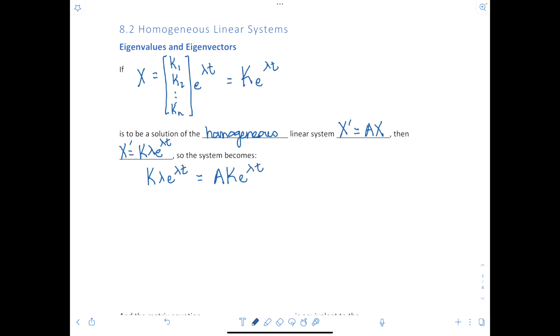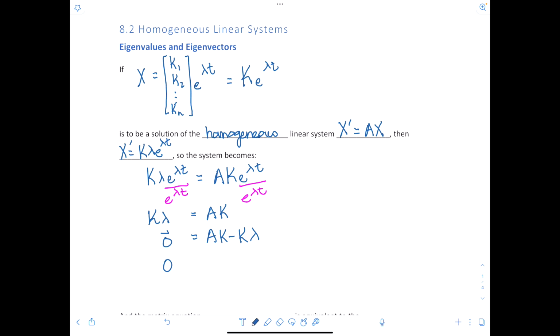Now we can divide out an e to the lambda t because that is non-zero. So we'd have capital K times lambda equal to A times K. And then getting these on the same side, we would have the zero vector on the left and A times K minus K times lambda.